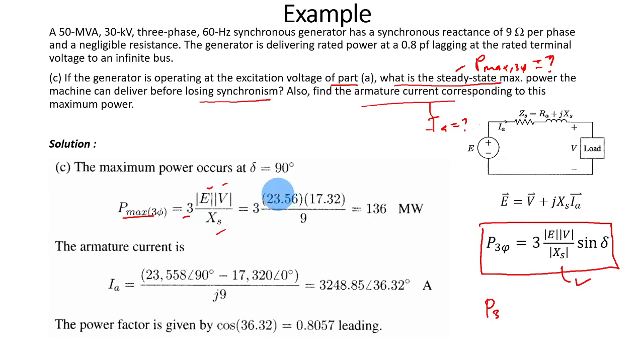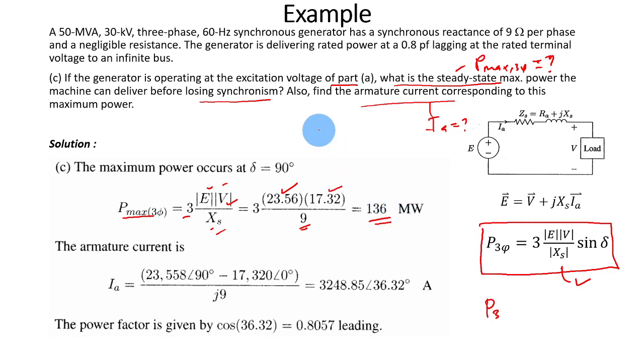We just plug in the generator voltage, which is the same, 23.56 kilovolt, and the generator phase voltage is 70.32, and the synchronous reactance doesn't change, it's the same number no matter what, which is 9. Then you get the maximum power of 136 megawatt.